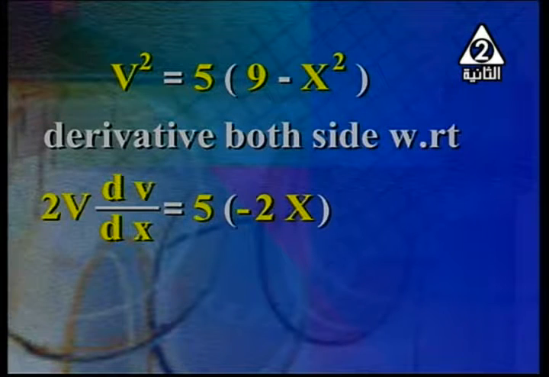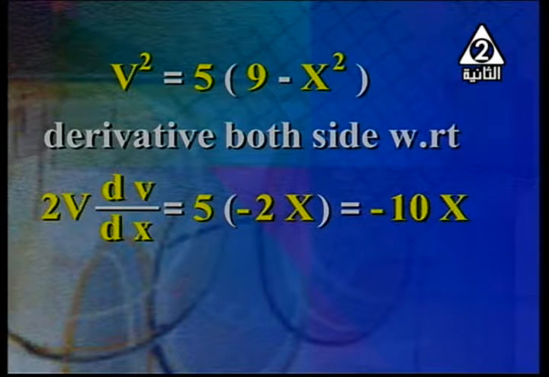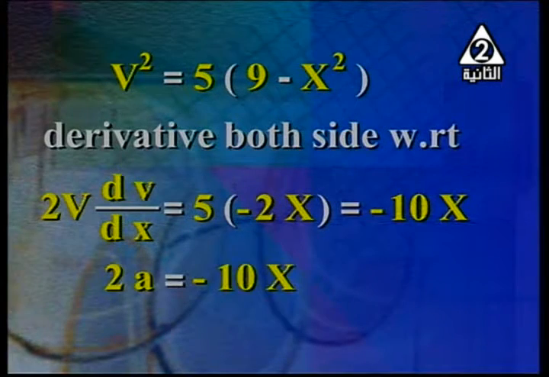Then by taking the derivative of both sides, the left hand side is 2v dv over dx, and the right hand side becomes 5 multiplied by negative 2x. After that, 2v dv over dx is equal to negative 10x. Then 2a equals negative 10x.